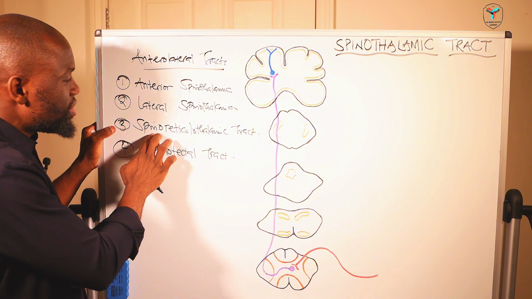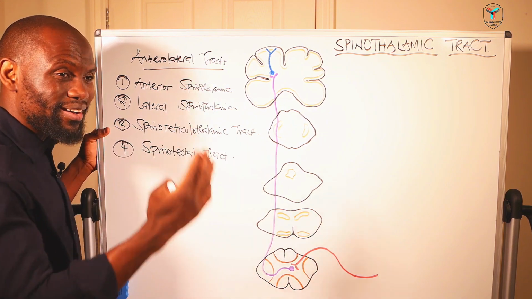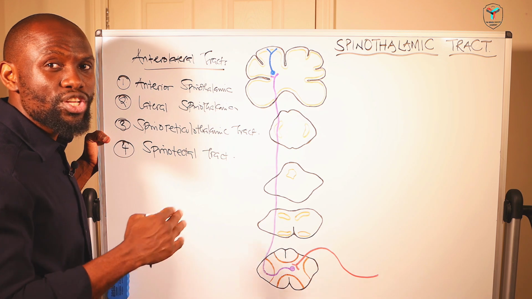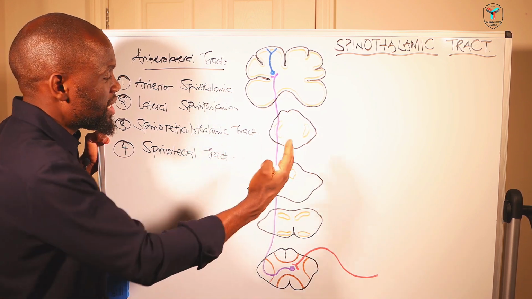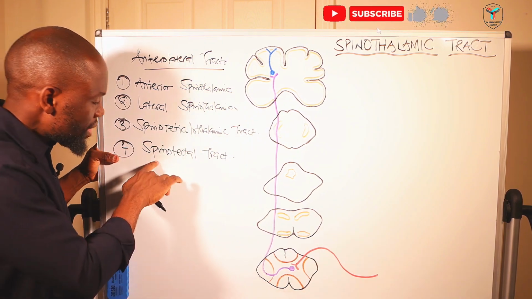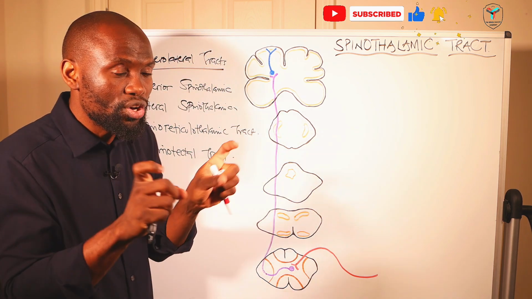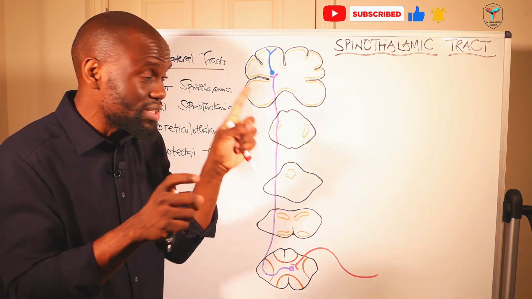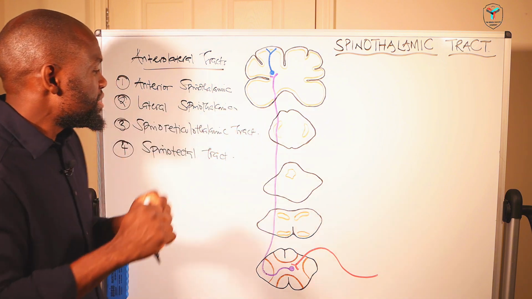So the spinoreticulothalamic tract will help you be aroused and alert when you are in contact with a painful stimulus, so that you respond to that painful stimulus. The spinotectal tract helps you to open your eyes and rouse your eyes from side to side, and helps also in the movement of the head.